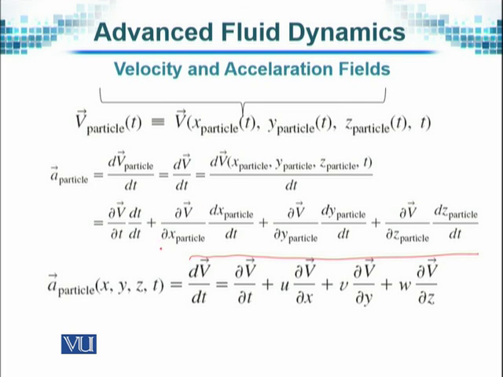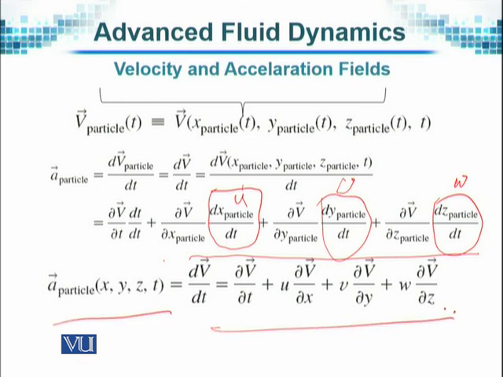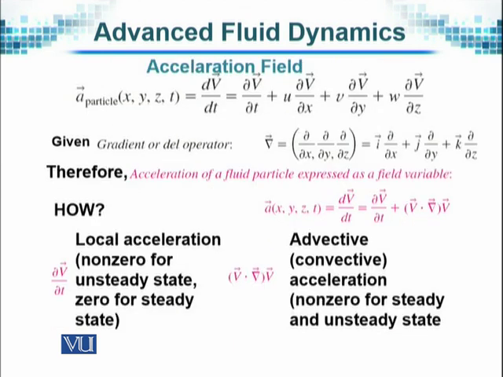So dv by dx and dx by dt, we are familiar, we denote it by u in the x direction. So we may write it as u particle. Similarly, this will be v, and this will be the w component or the z component. You can see that this is summarized here in this form. It's important that we compute these, whether they become zero or non-zero, but we need to make the complete calculation.